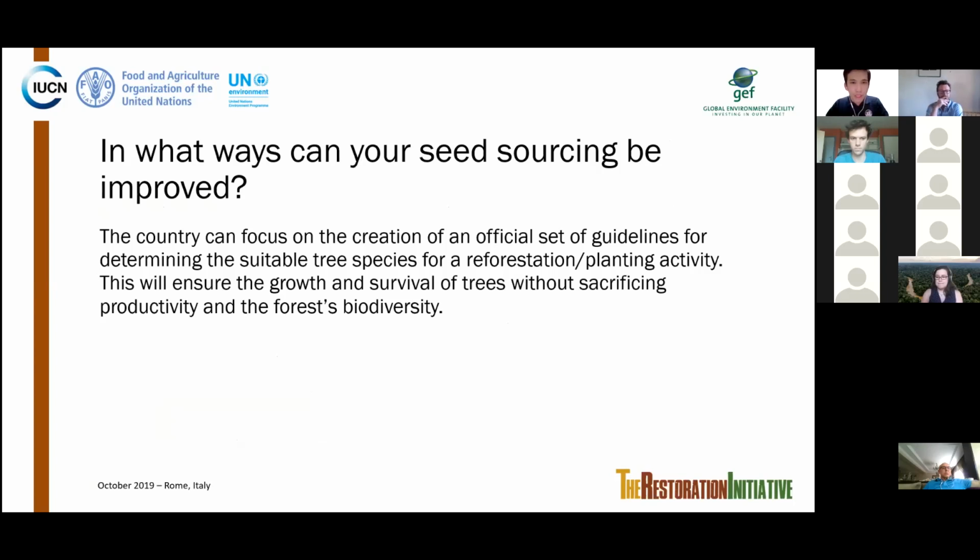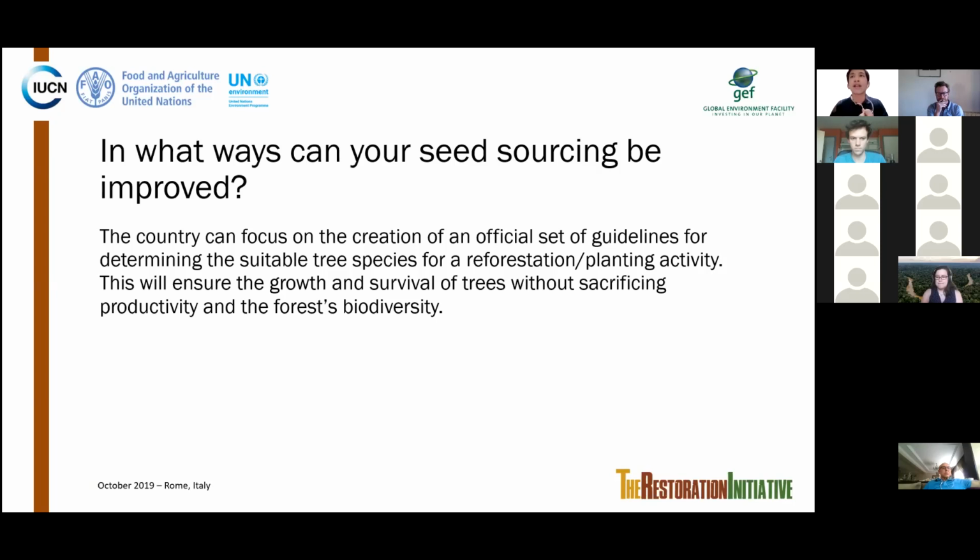Some improvements for our seed sourcing in the Philippines could be, we are basing our site species matching only on external and patent considerations. For example, the climatic type of the area, the soil type of the area, the needs of the communities within the area, and also the number of seeds available.